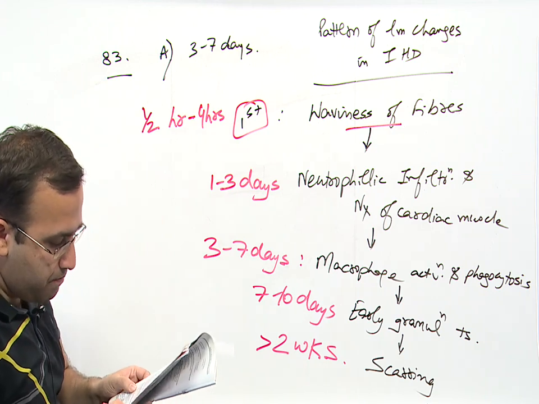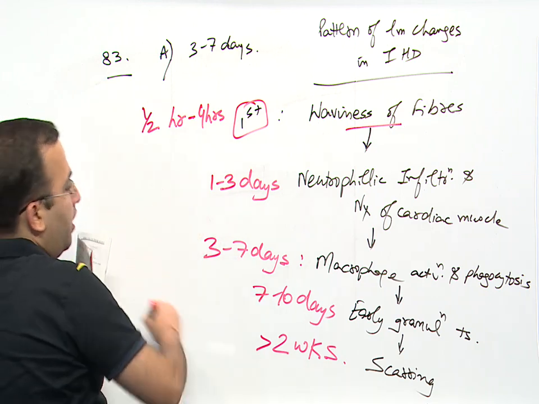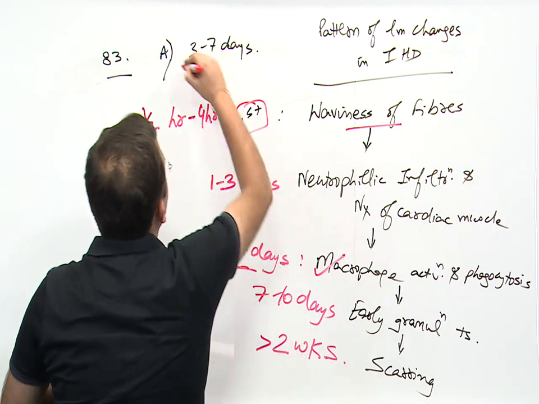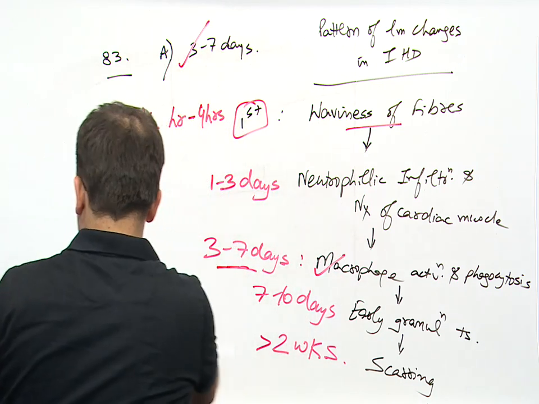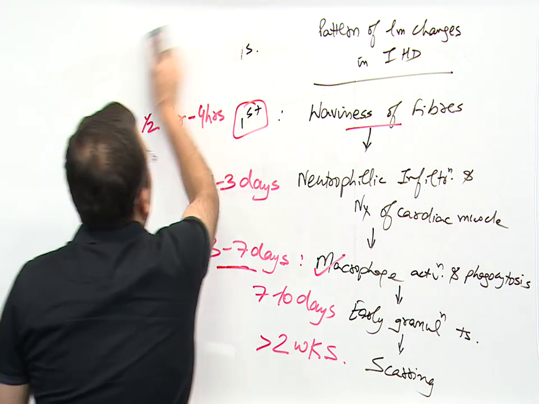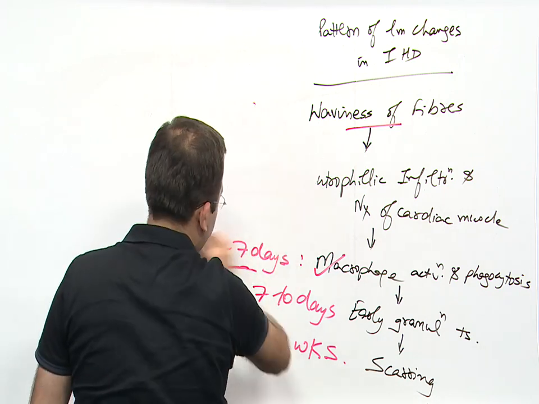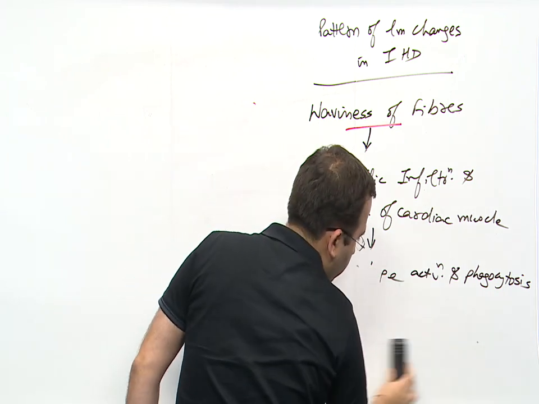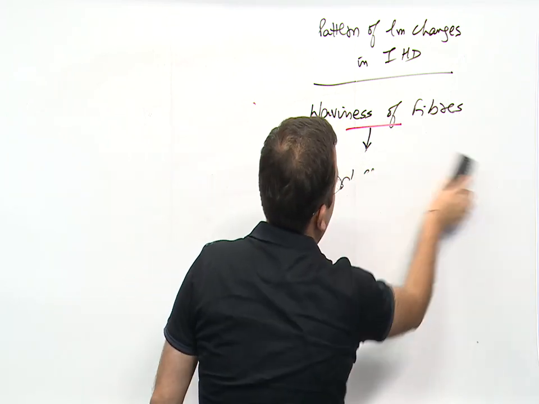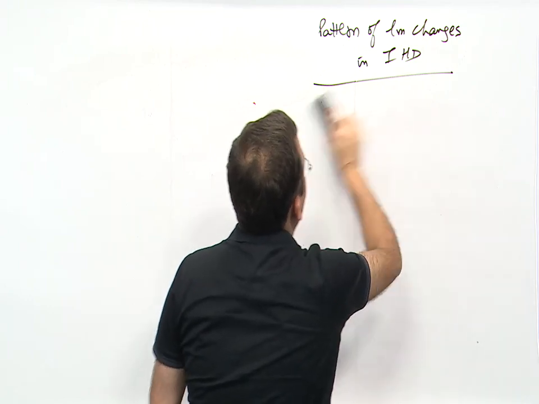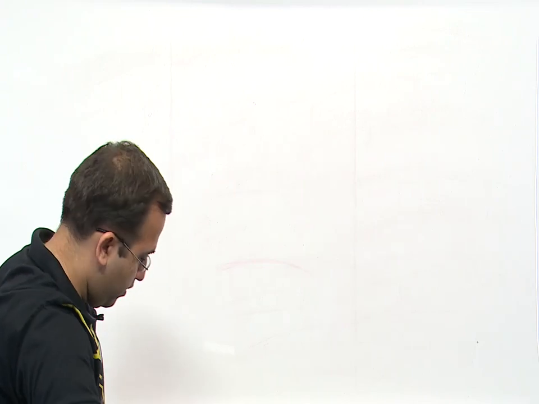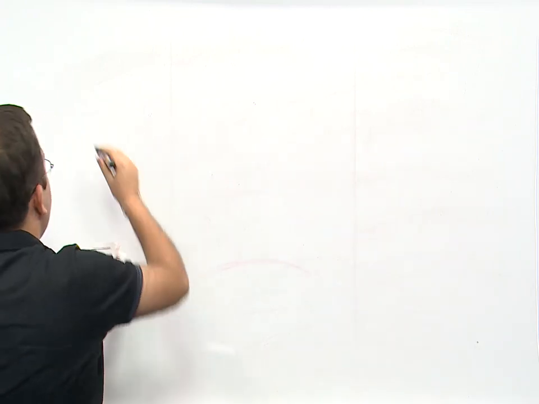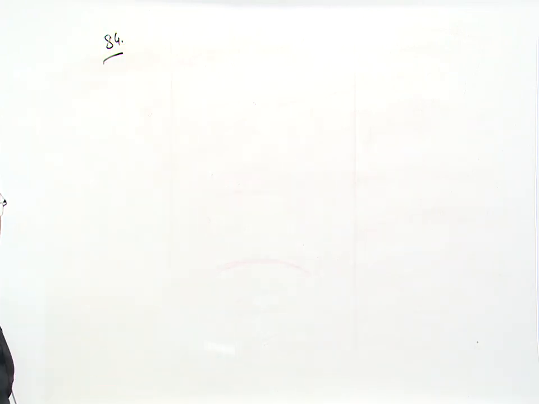The question was on macrophages at infarct borders, that is 3 to 7 days. Next, question 84.